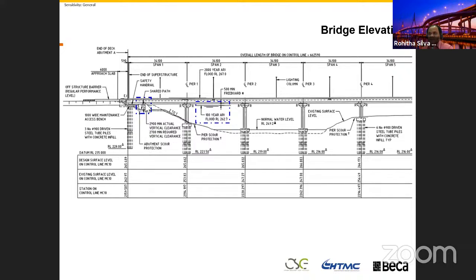We have a shared path, and the minimum clearance is 2.9. For my bridge soffit, I had to make sure I put it above that. So in this bridge elevation, you can see it looks like it's climbing up, to make sure we get this elevation right, to make sure we put our bridge above the flood.